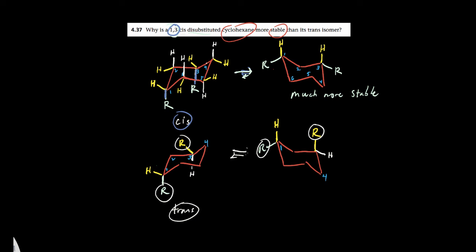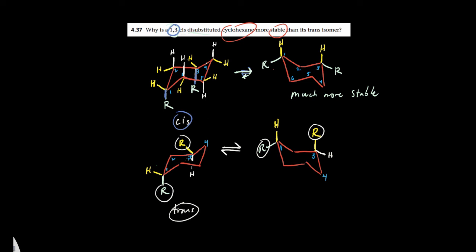So these actually have the same stability. So this really is a 50-50 equilibrium, assuming that R is the same. So if R is the same between the 1 and the 3 carbon, these two chair forms have the same stability. So there's our 3 carbon there.